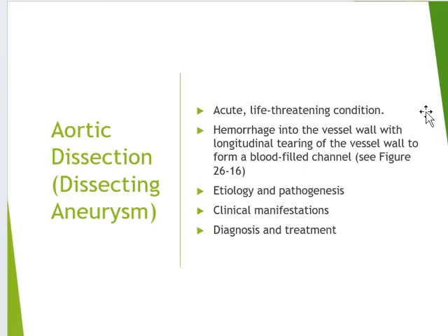The most common folks we see these in are men with long-standing hypertension. There are also some people who have underlying connective tissue diseases that may be more predisposed to these. One group specifically associated with aortic dissection are those who have something called Marfan syndrome. We talked about that back in the congenital piece. They can also be a surgical complication.